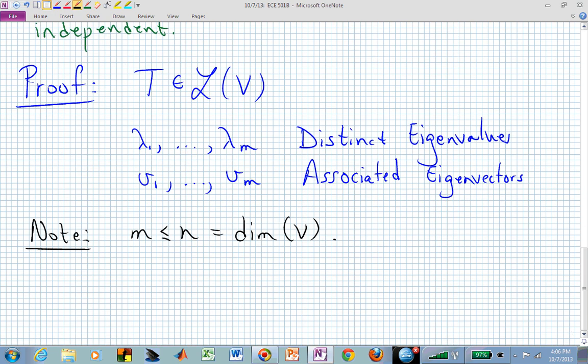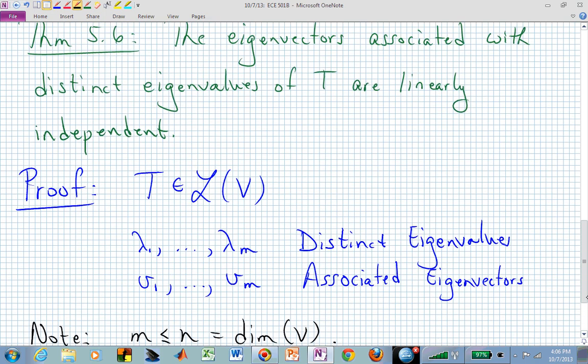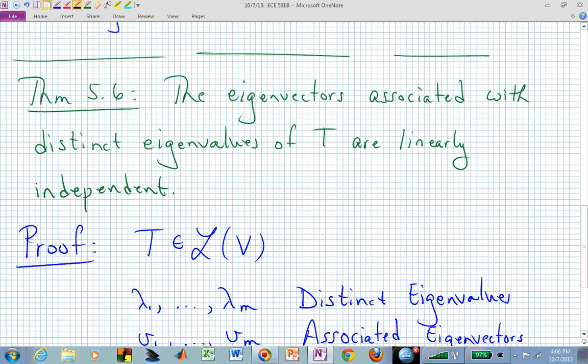So we don't have to necessarily have the full complement of distinct eigenvalues. m is some number less than or equal to n, where n is the size or the dimension of V. Once we have this, now what we want to do is prove that those eigenvectors are linearly independent. And the way that we will prove that is by contradiction.